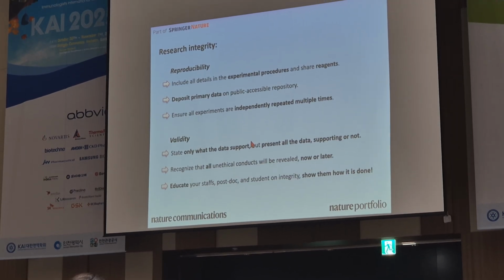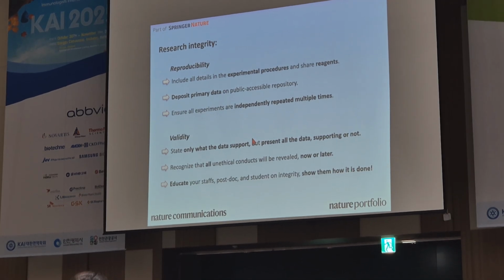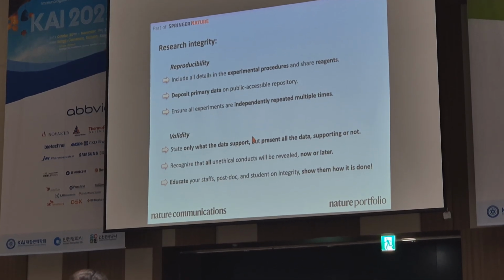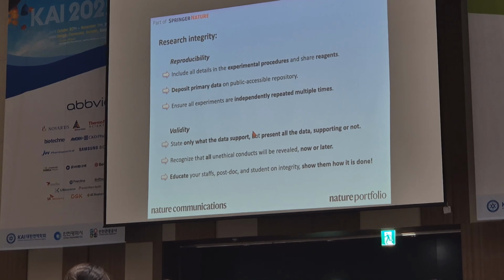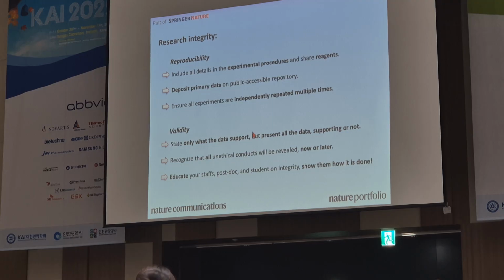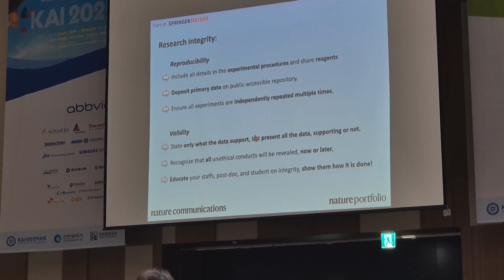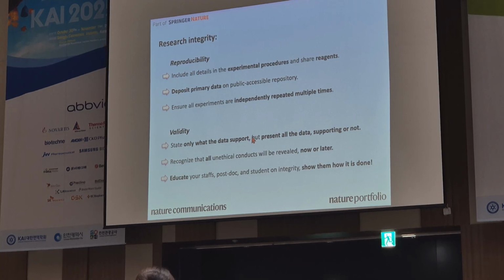So we value research integrity a lot, and we know that there has been an ongoing crisis on the validity and integrity of scientific publishing. So I believe that we are all part of this community. We should all try to help it. And for this, the minimum we can do is make sure that there is reproducibility in your studies.